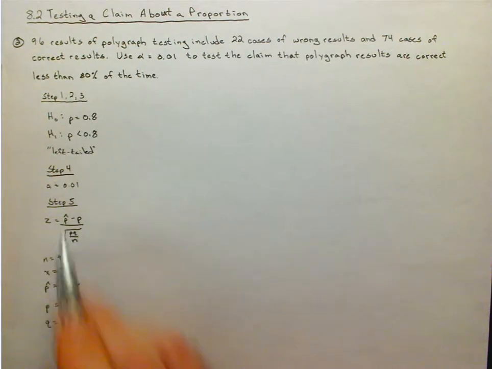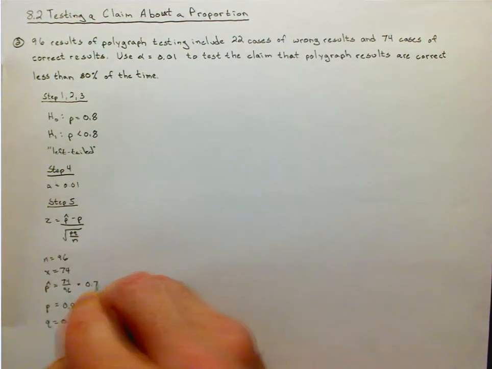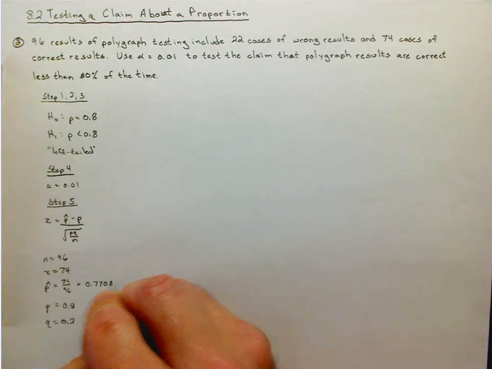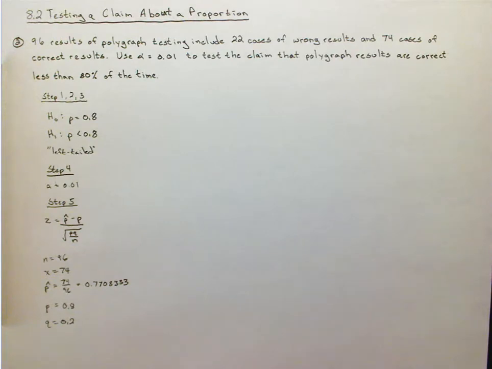And I have my p hat. I need to find that, so 74 divided by 96. And with these, again, guys, I would take them out, say, about 7 places, just to be on the safe side. Alright, and then I have my p and my q.